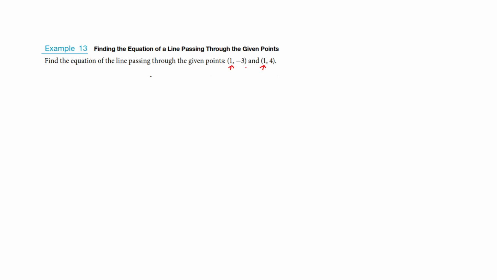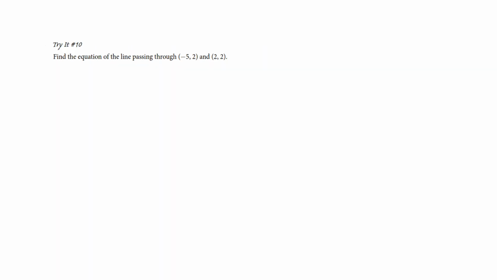So if the x's are always the same number, it must be a line where x is always 1. Now, the same idea here. You go, okay, let's find the slope. But then we notice, hey, the y's are always the same number. Well, if the y's are always the same number, then this is a line where y is always 2.